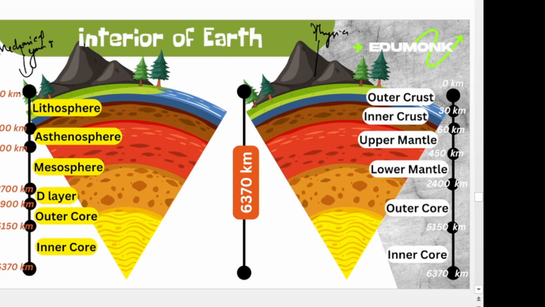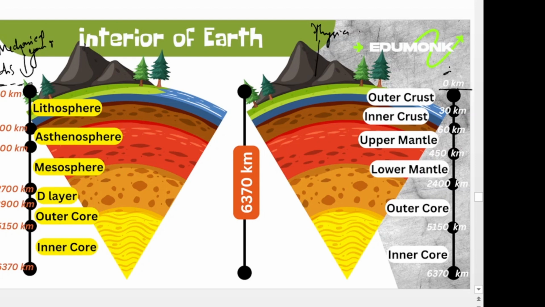In the physical layer, on the left side you are given the distance. 0 kilometer means mean sea level. 0 to 30 kilometers you have the outer crust.